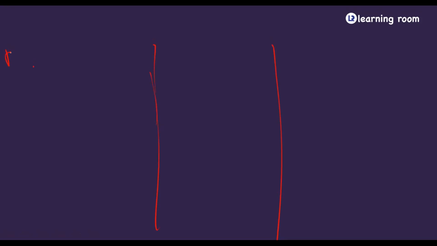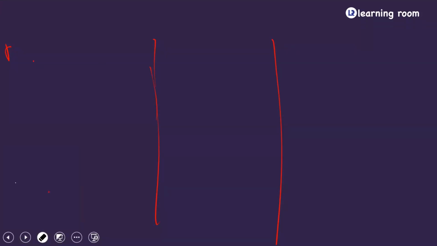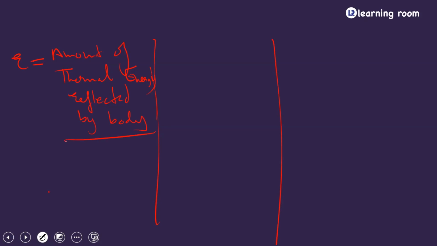Reflectance, I'll write it by R. Reflectance is the ratio of the amount of thermal energy reflected by a body in a given time to the amount of energy incident.